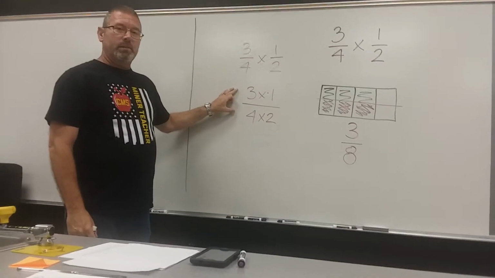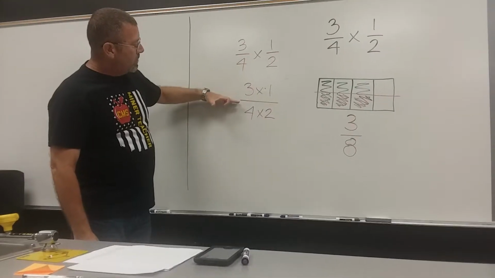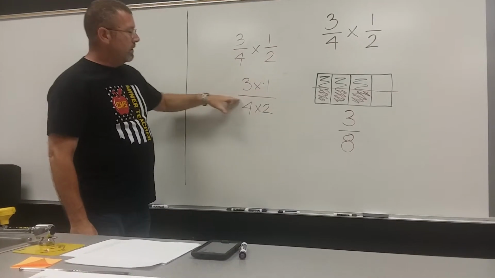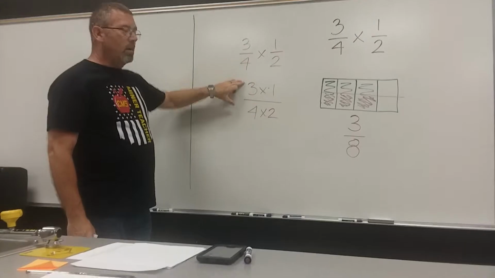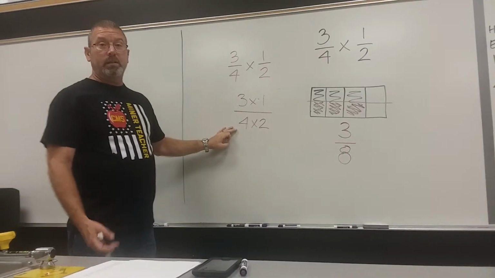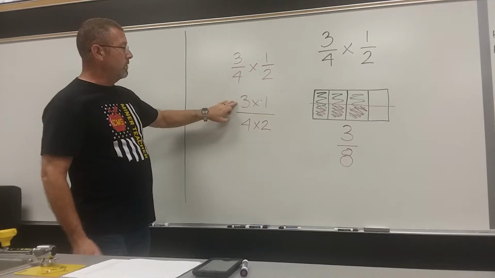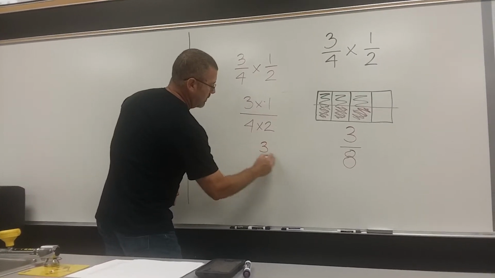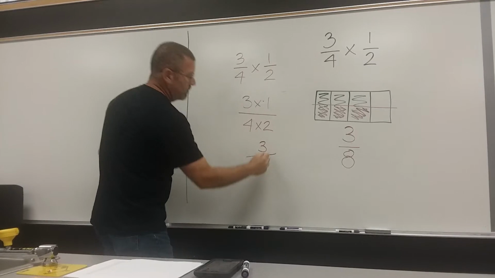Now, order of operations states that when we have something like a division bar like this, we're going to take care of the numerator and denominator separately first before we would actually divide or treat it like a division problem. So in this case, we're going to do 3 times 1 is 3, all over 4 times 2, which is 8.